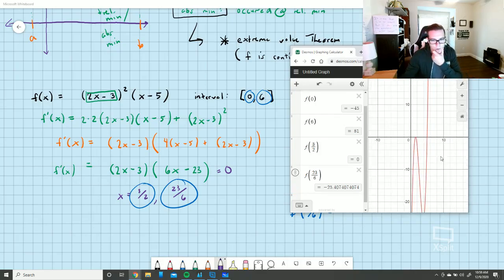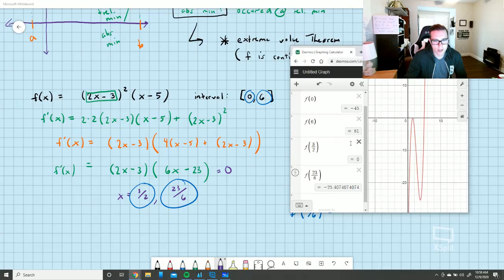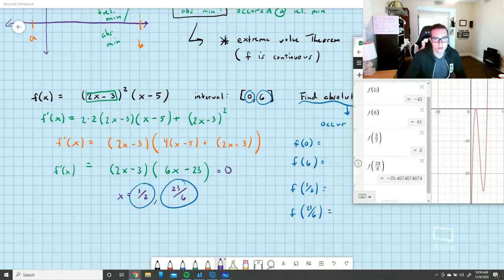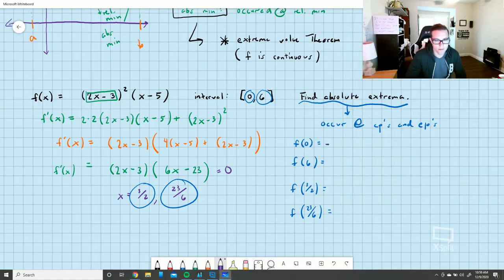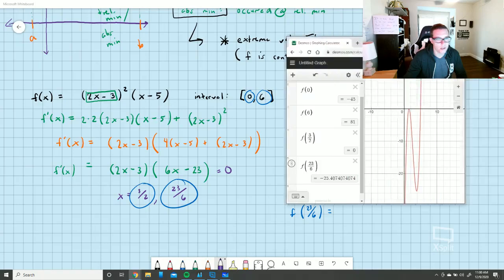So when I look at this, where does the minimum occur? It looks like it occurs at this endpoint, f of 0. So the minimum occurs at f of 0 because we have a value of negative 45. Let me write all these down first, and then we'll talk about the notation of the answers.